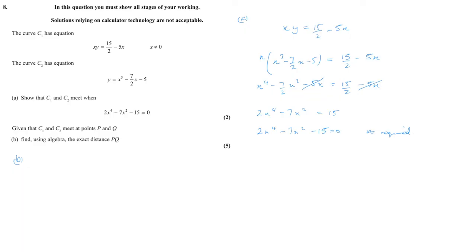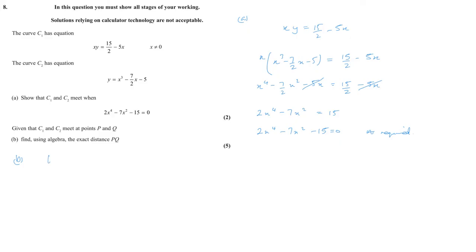You can use a substitution, not y, because obviously y is in there, so let a equal x squared. So you've got 2a squared minus 7a minus 15 equals 0, and solve that and then resubstitute it back in. Or you can just leave it in terms of x squared. Okay, it's totally up to you.